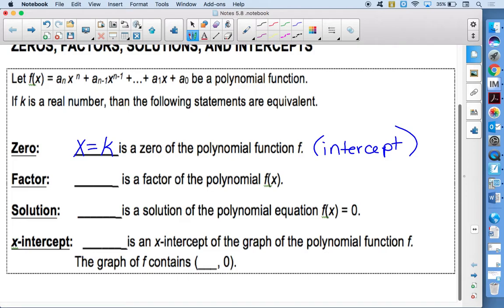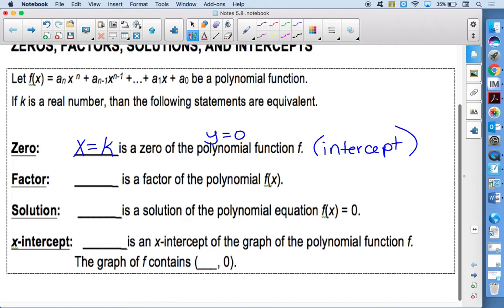So a 0 of a function is also known as an intercept. But it's when I let y be 0. So if I'm letting y be 0, I'm finding a 0 of the function, or I'm finding x. And we show that x equals k because k can be any number. So x equals 5, x equals negative 2, x equals 15. So we're just using a k value here.